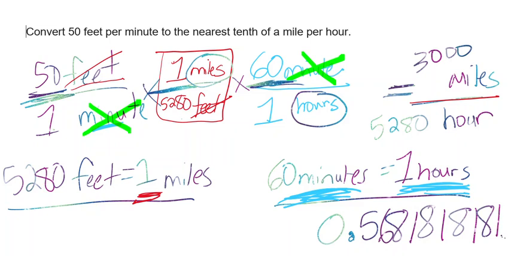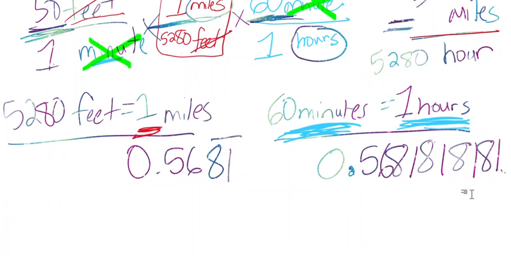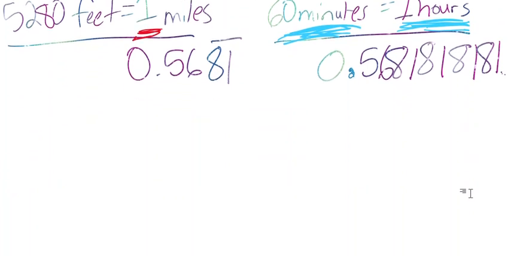0.56818181... So I see that, and I know that the 81 is repeating. So we could round to the tenths, we could round to the hundredths, we could round to the thousandths. If we rounded to the tenths, it would be 0.6 because this is the tenths place and the number beside it is bigger, is 5 or more.